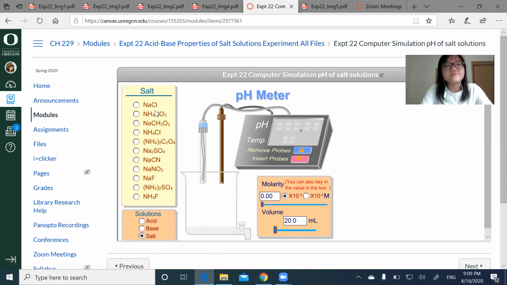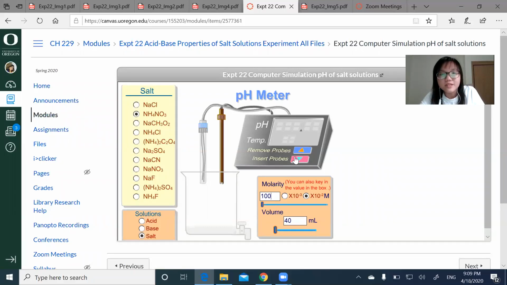Okay. All right. So for example, I would just be picking one of the salts randomly. Okay, so ammonium nitrate. I'll just be clicking on whichever salt I get assigned. The volume would be 40. Molarity was assigned to be 0.1 molar, but because you have to click on this bubble, I'll just have to make it 100 times 10 to the negative 2 to make it 0.1 molar.